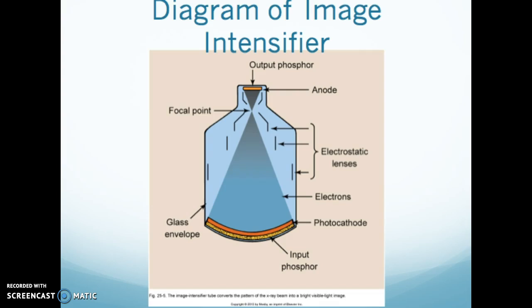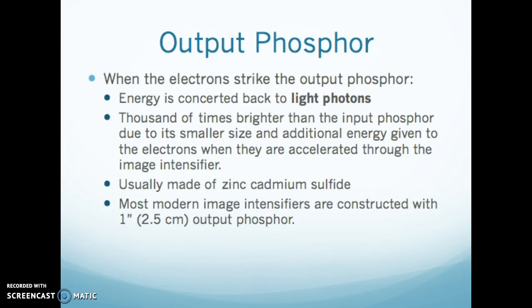So this is your basic II there. The output phosphor. When the electrons strike the output phosphor, the energy is converted back to light photons. So it goes X-ray to light photons, to electrons, and electrons back to light photons.